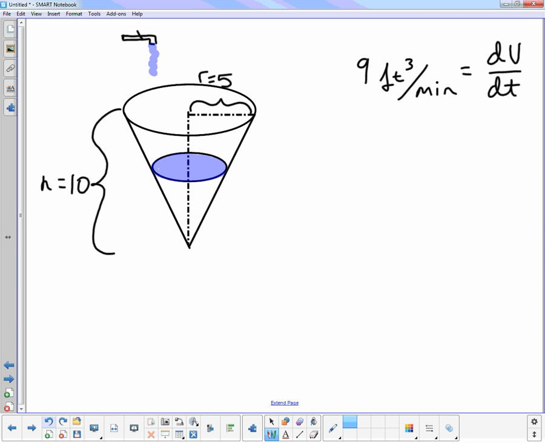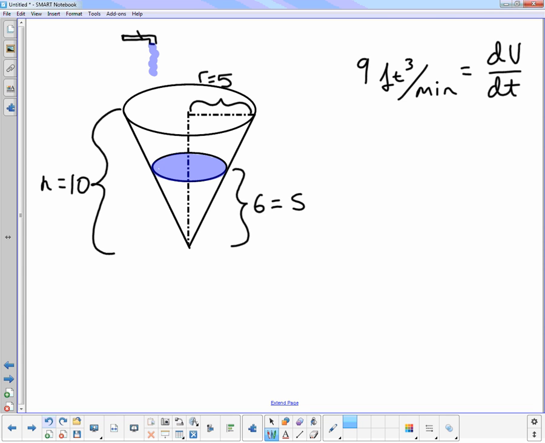And how fast is the water level rising when the water is 6 feet deep? Sure, let's call that S.